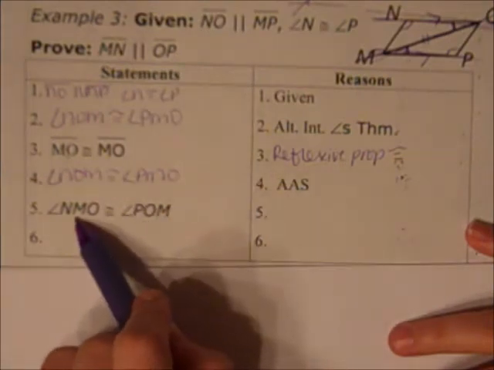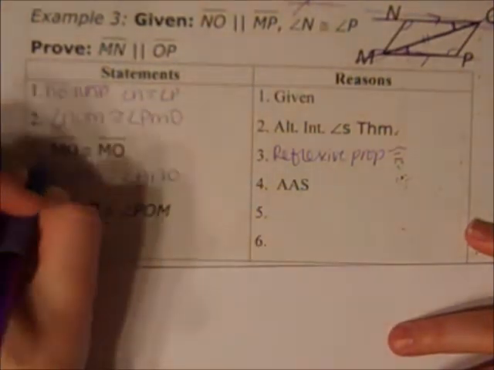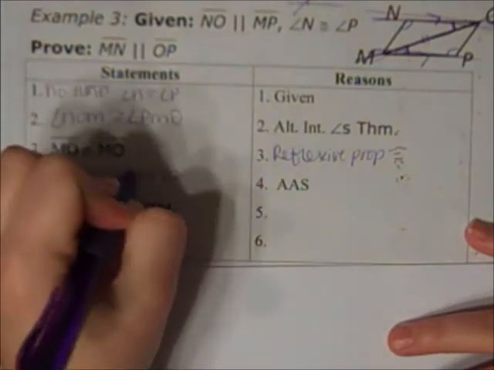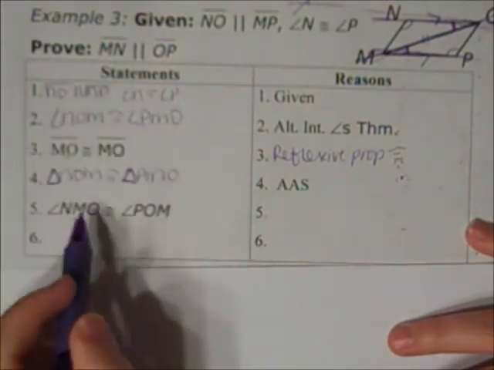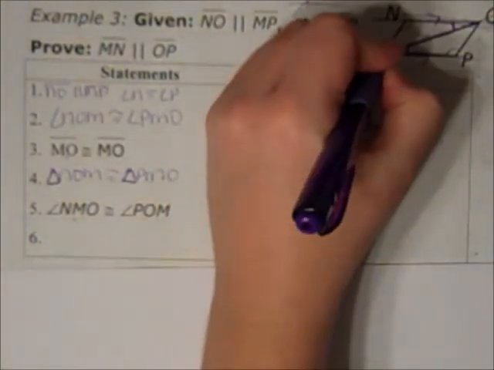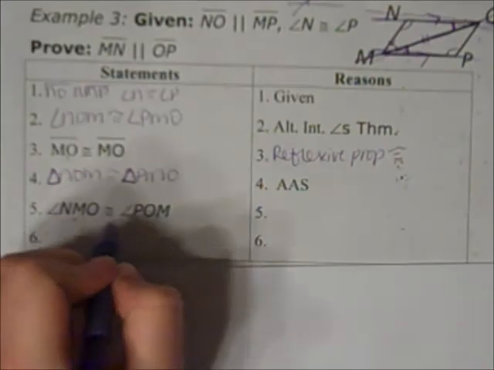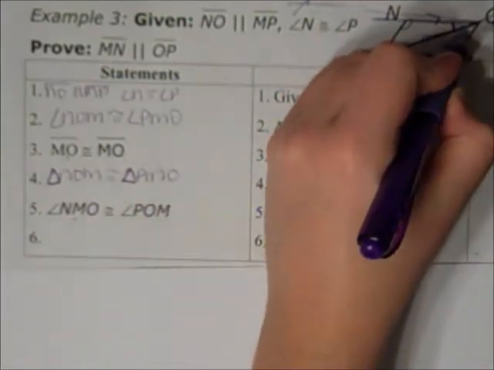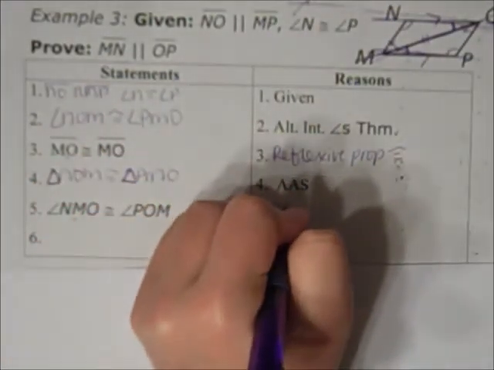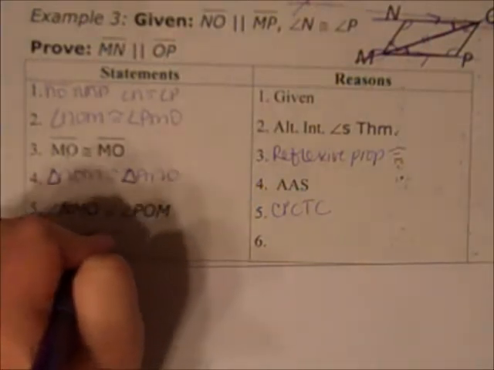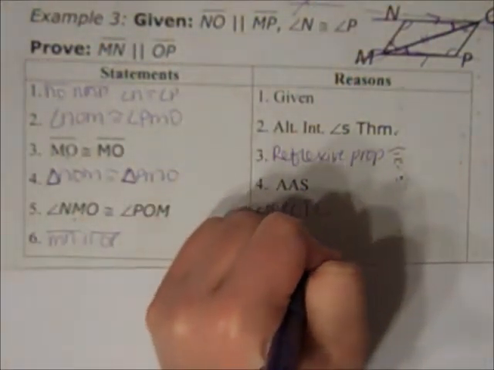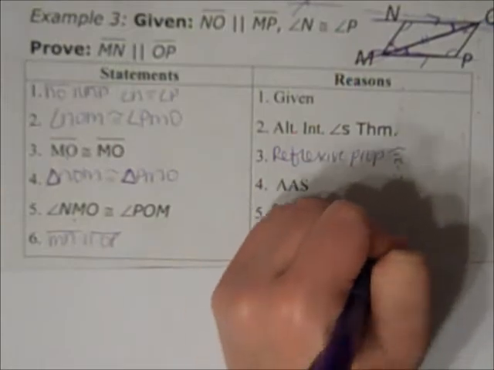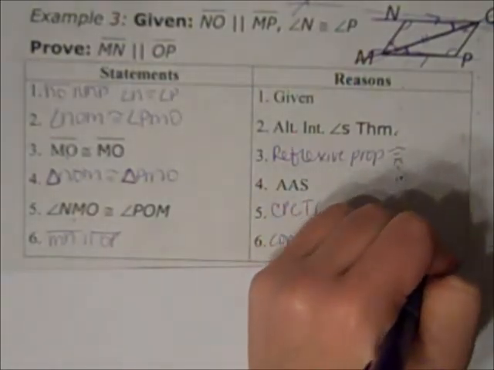Okay, so now that the triangles are congruent, I can say angle NMO, this guy, is congruent to angle POM, this guy, by CPCTC. Therefore, MN is parallel to OP by the converse of the alternate interior angles theorem.